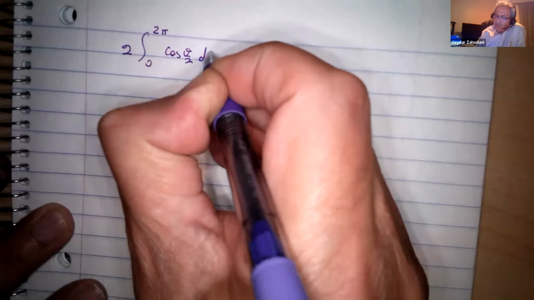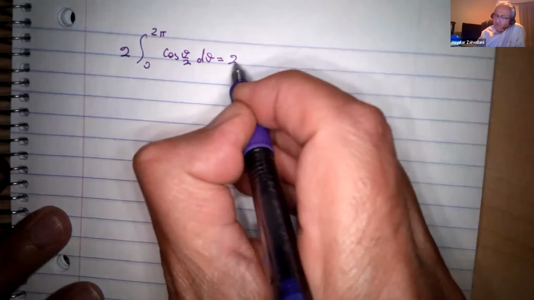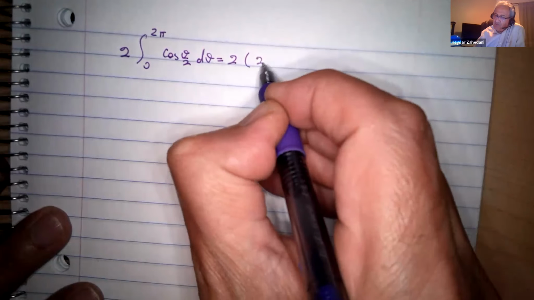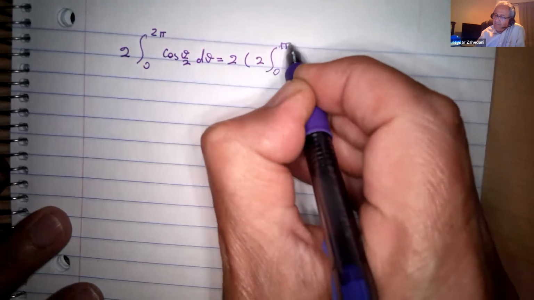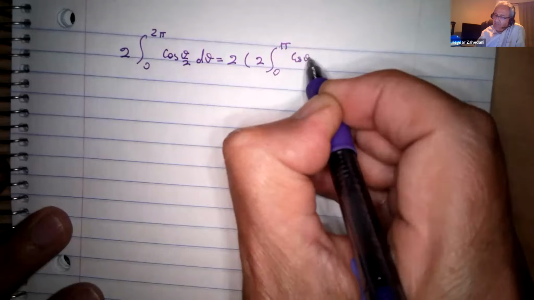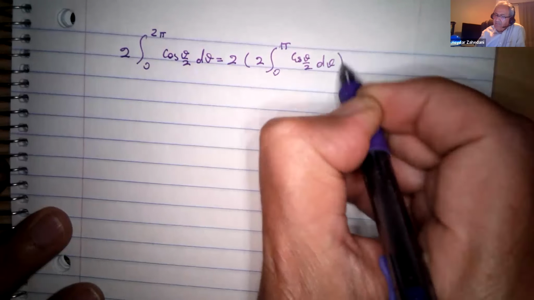So I explain it. This is the situation where you have 2 times the integral from 0 to 2 pi. This is where we got it, and that was the cosine of theta half, d theta. So you can find 0 to pi only, and then you multiply by 2. 2 times the integral of cosine of theta half, d theta.